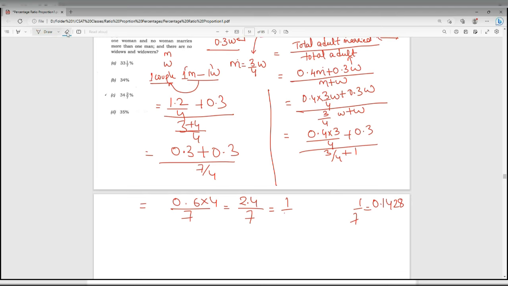So what you can do here is multiply 0.1428 into 2.4, and this would be 0.34 something, and the correct option is option C. It is 34 2 by 7%. I hope you've understood this. If you have any doubt, please ask.